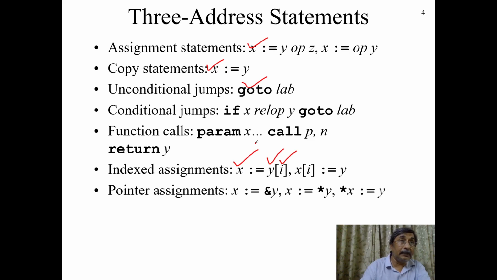So if I have multi-dimensional arrays, we have to convert them to a single dimensional array and only then can the arrays be manipulated. Again, we'll look at them in detail in a later part of our lecture, not today. Also, we have pointer assignments and many other kinds of statements. But firstly, the arithmetic expressions and assignment statements, primarily the arithmetic expressions.